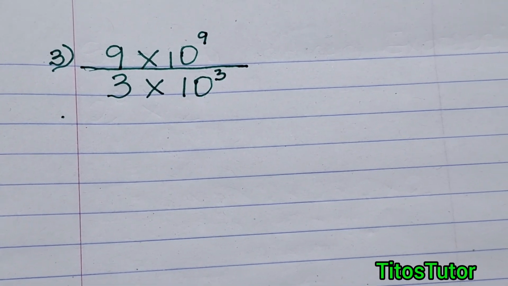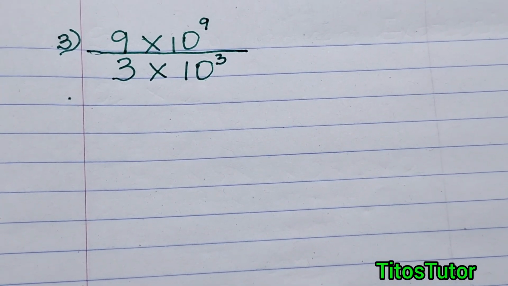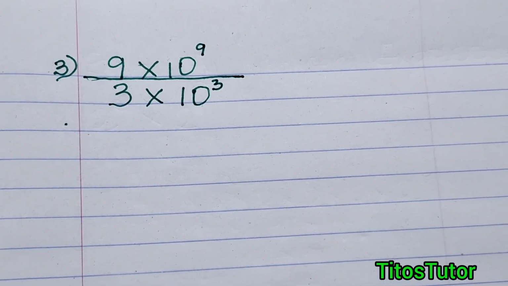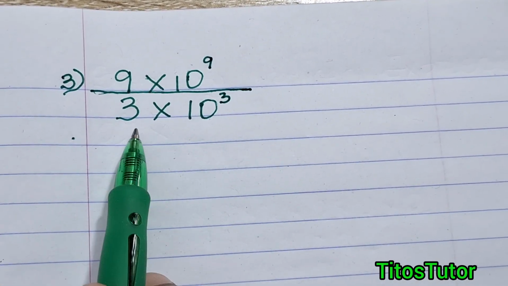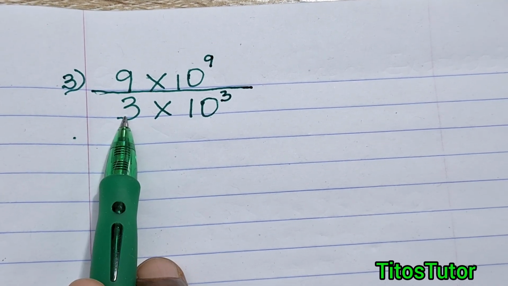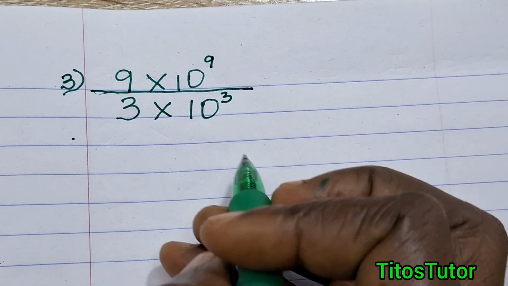Question 3. 9 times 10 raised to the power of 9 divided by 3 times 10 raised to the power of 3, because a fraction line means division. So I can split this into 9 divided by 3 multiplied by 10 raised to the power of 9 divided by 10 raised to the power of 3. Let's do that.